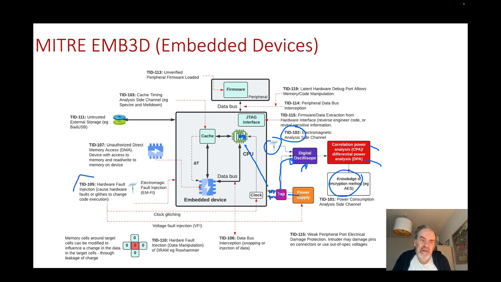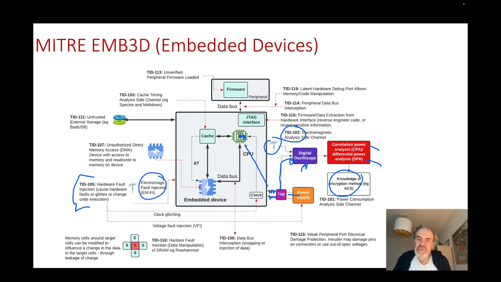Another way that we can compromise the devices is to inject a hardware fault. So with some processors, if we cause glitches, we can slow down the clock, and we can possibly add in additional cycles into the computation.